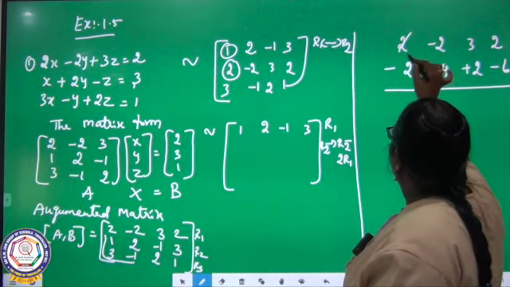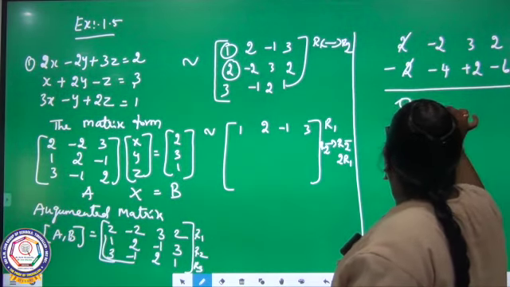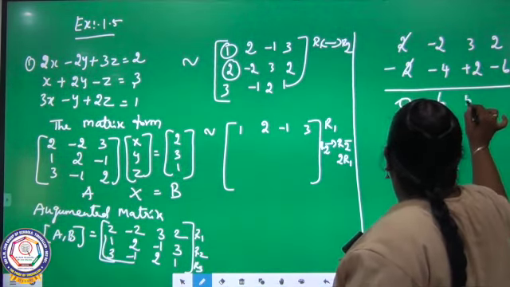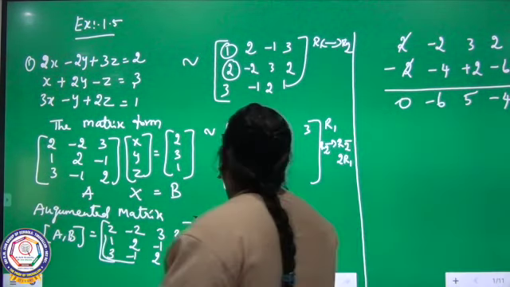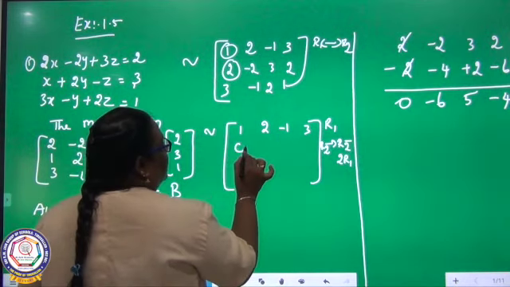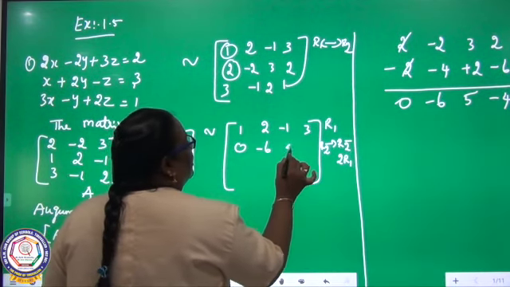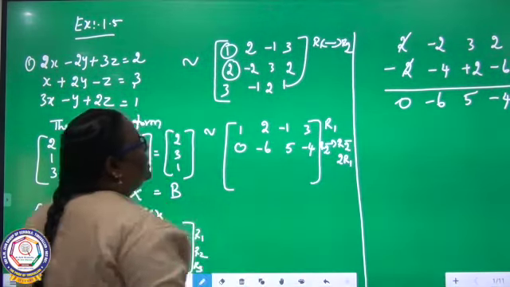Adding: 2 minus 2 gives 0, minus 6, 5, minus 4. So R2 becomes 0, minus 6, 5, minus 4.